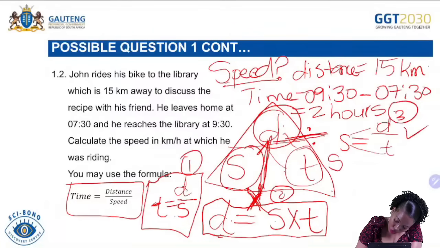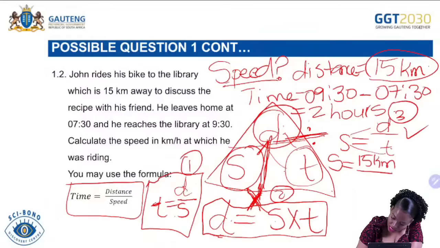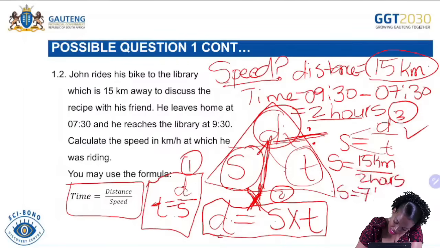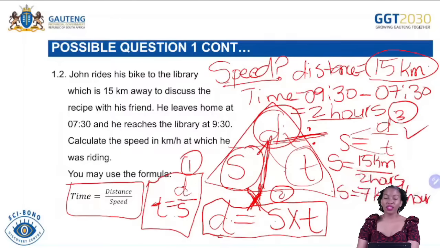Now we are going to substitute to say speed equals to, the distance is how much? Is 15 kilometers. Over the time, what is our time? It is 2 hours. So speed equals to, you put this in your calculator, it is 7 kilometers per hour. That is how we calculate our speed.